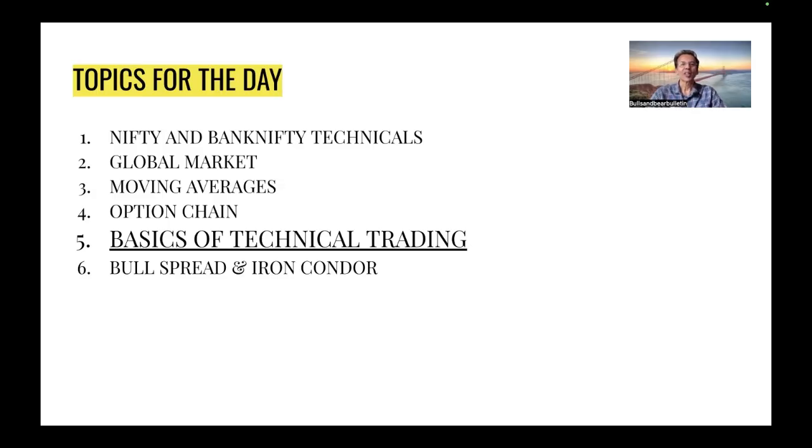I'll also be talking about the global market scenario and how it can impact the Indian market today, the indicators which I use most of the time, moving average and how it works, and then option chain, where you get to know the support and resistance levels of your stock or index. Along with this, I'll continue discussing two of my favorite option strategies, bull spread and iron condor.